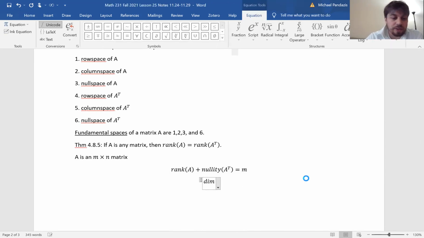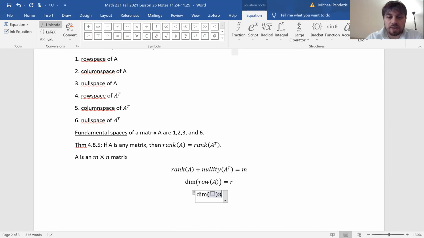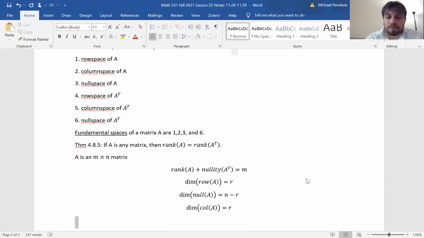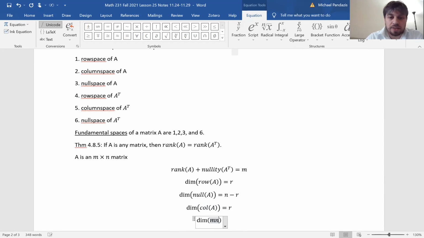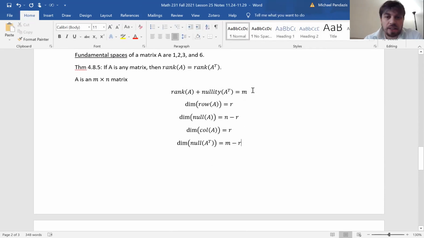Also, if you take the dimension of the row space, which I'm going to write row of A to mean row space of A, it's equal to R. If you take the dimension of the null space of A, it's equal to N minus R. You take the dimension of the column space of A, which I'm abbreviating as column A, is equal to R. And if you take the dimension of the null space or null of A transpose, it's equal to M minus R. Okay, so we have these 5 additional equations.